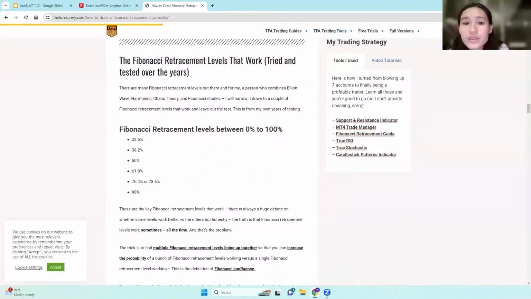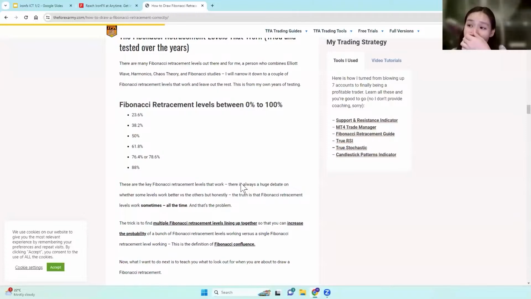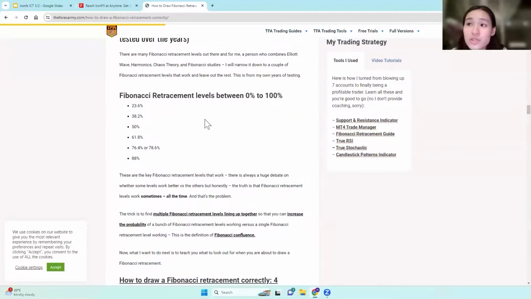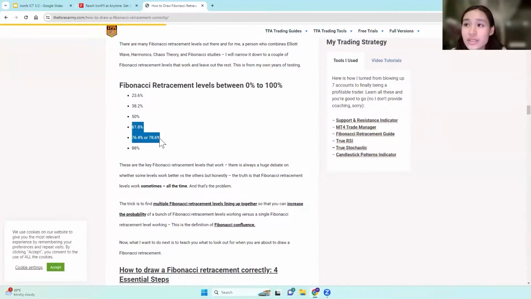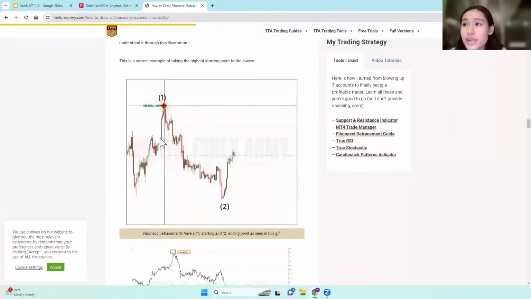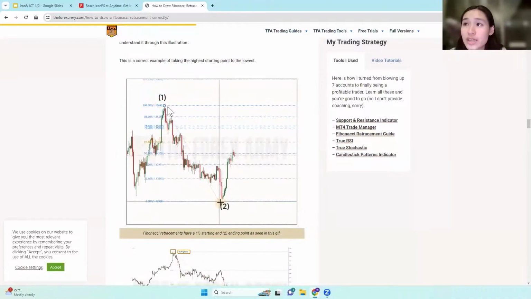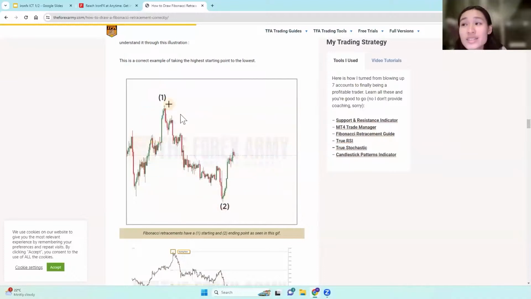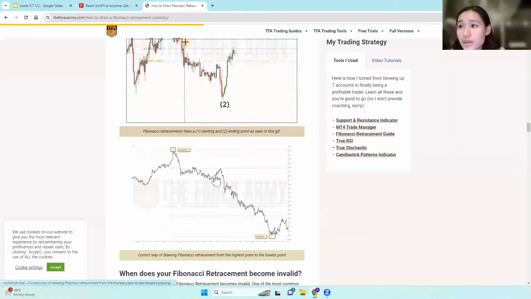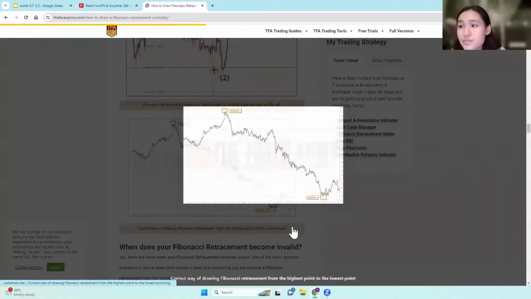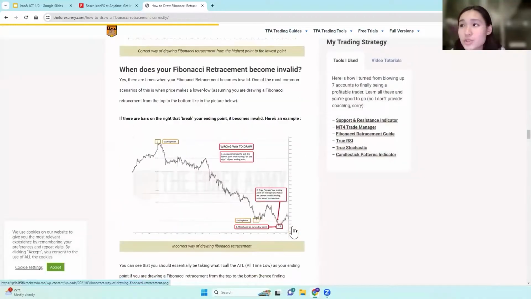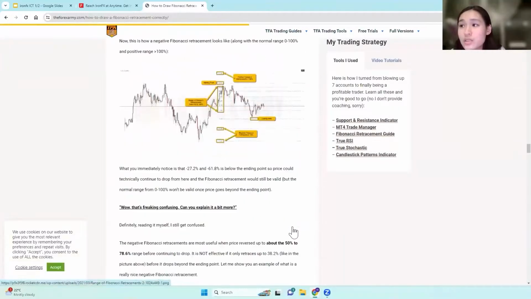If you're using the ICT approach to find an optimal trade entry, they recommend using a Fibonacci between 61.8 and 78.6. Although we typically use other levels, you would just be looking at these two levels here. How that works is by looking at the highest starting point to the lowest. It shows you the invalidation as well.